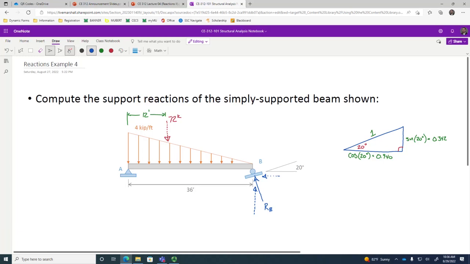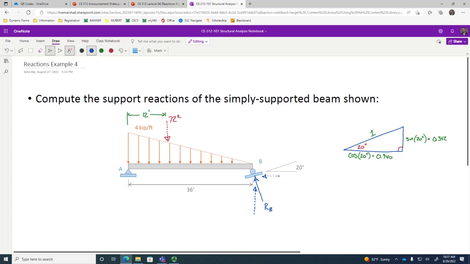Now, in terms of the magnitude of these components, if RB is the hypotenuse, let me ask you about the horizontal. If this is RB, how much is this? Well, now remember, this is the roller, so remember we flip it.